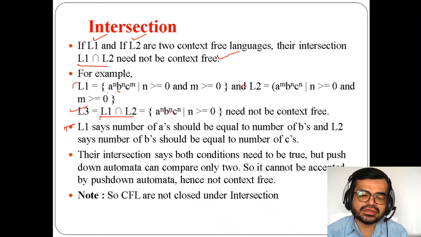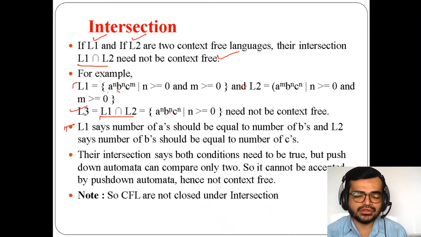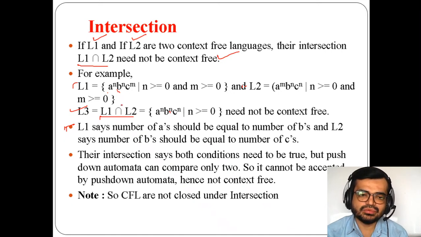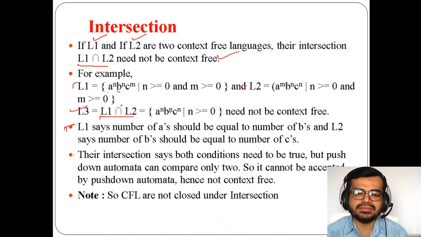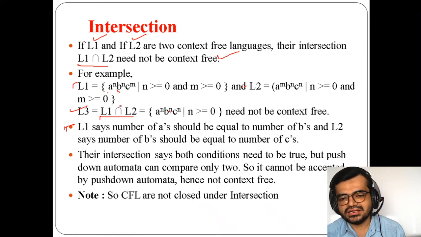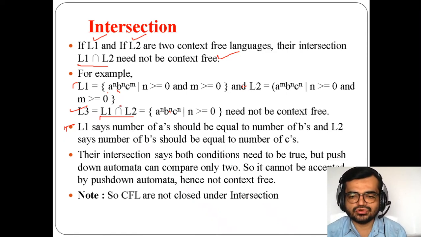Using L3, you can say that L1 is true and L2 is also true. Can you prove that? You can't. Why? Because sometimes you may find the m and n values are the same, or sometimes both are different. If they are different, you cannot prove both to be true.